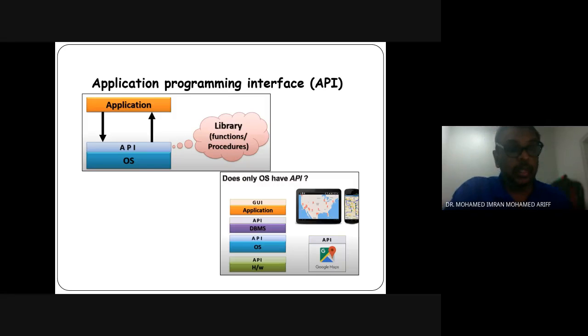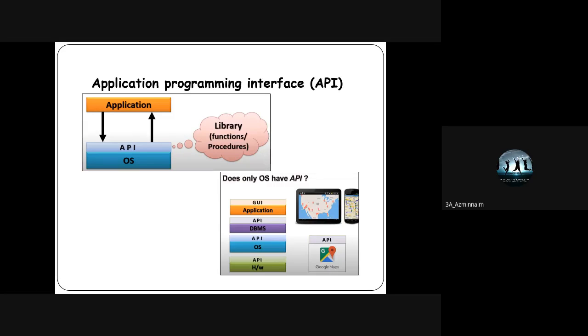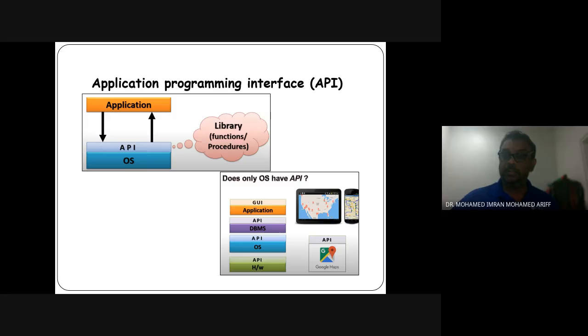For example, if we are talking from your phone to your smart TV, then you are going through an API. You need to have an API, and this API will talk from your phone to your smart TV.